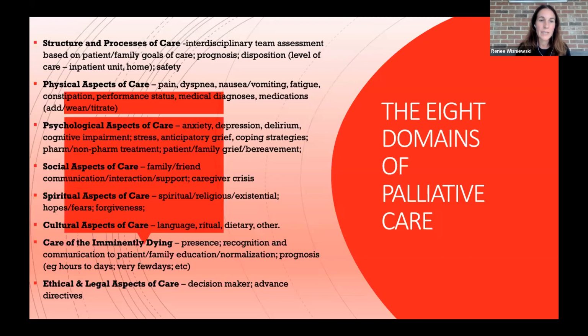It recognizes and communicates with patient family and normalizes the process of dying, and can also help with prognostication. How much longer does a patient have to live? And also, palliative care plays into the ethical and legal aspects of care, who decision makers are and what advanced directives and how they impact patient care.